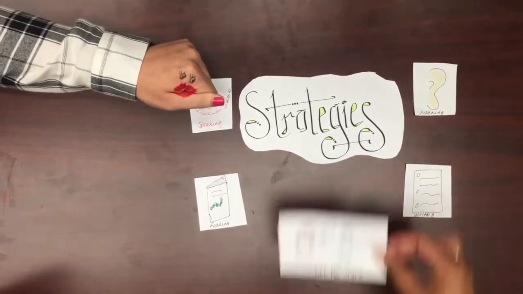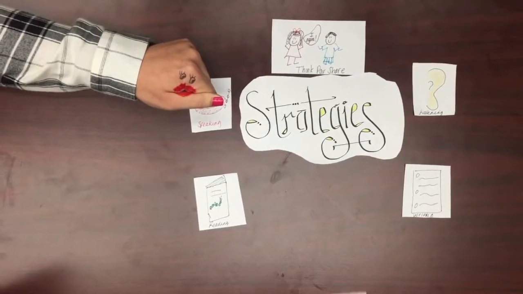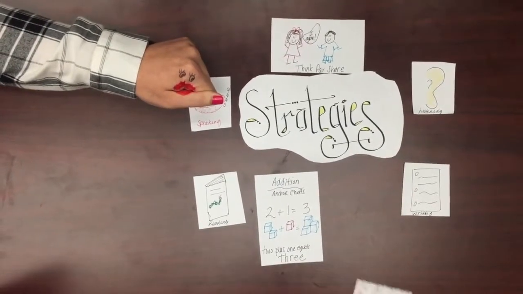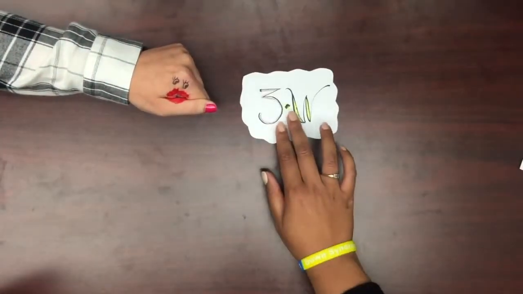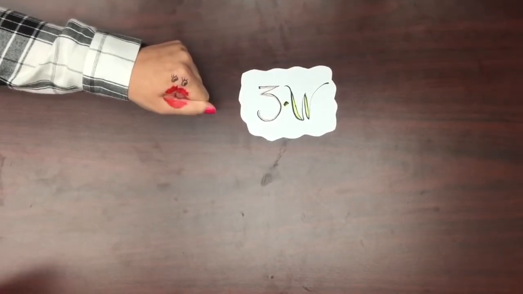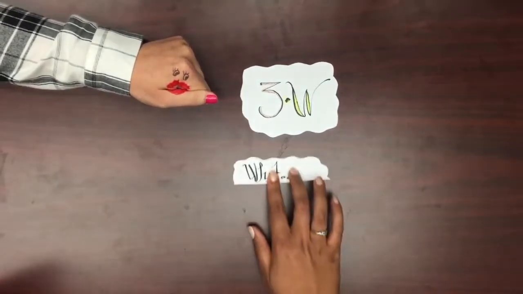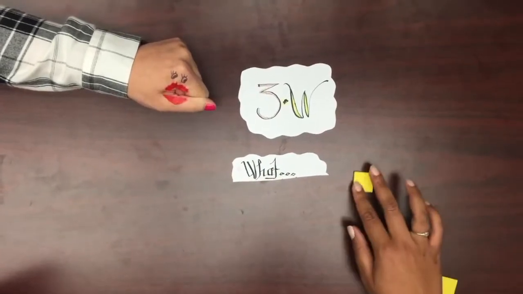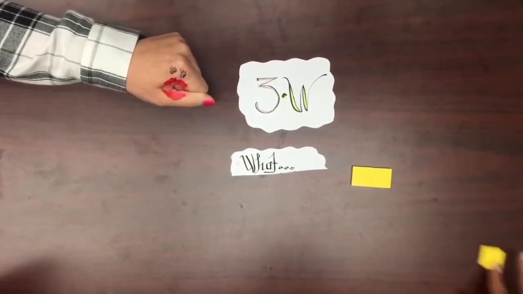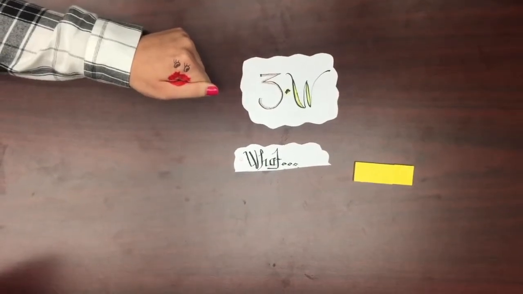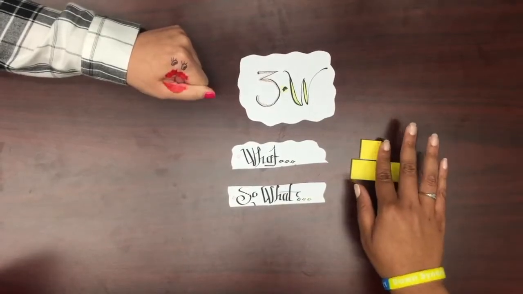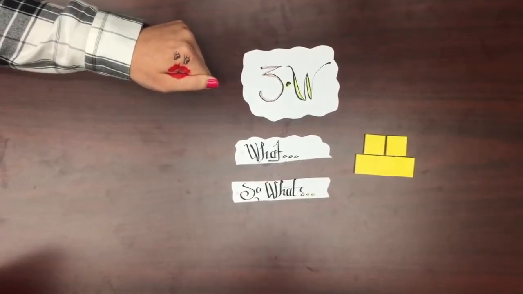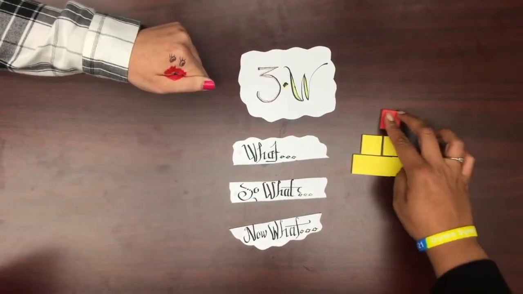For example, think, pair, share, anchor charts, and word walls. Now, let's assess using our 3 W's. What? Building background is the second component of the SIOP model, and it connects the learner to the content. So what? Background knowledge pulls in not only ELLs, but all learners. Now what? Start building background knowledge.